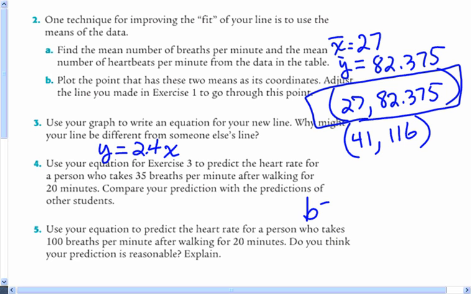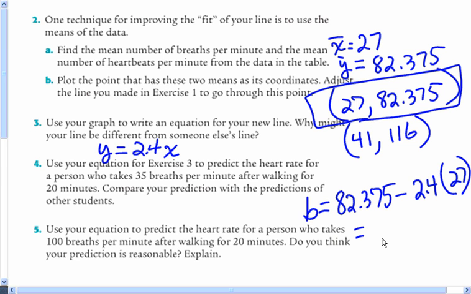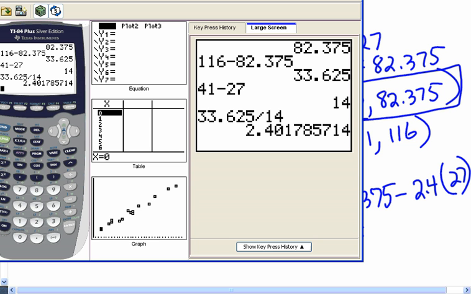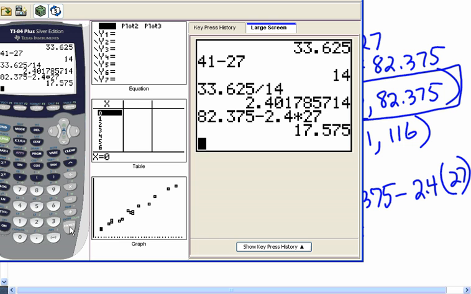And my y-intercept is the y value minus the slope, 2.4, times the x-value, 27, and that's equal to, back to my calculator, 82.375 minus 2.4 times 27, 17.575. Let's just say 17.6.